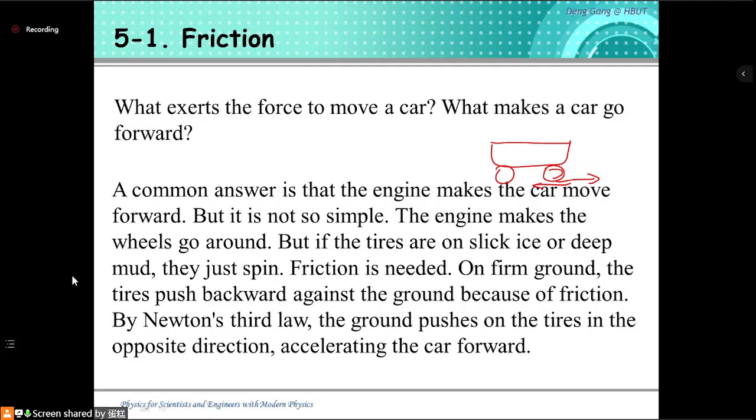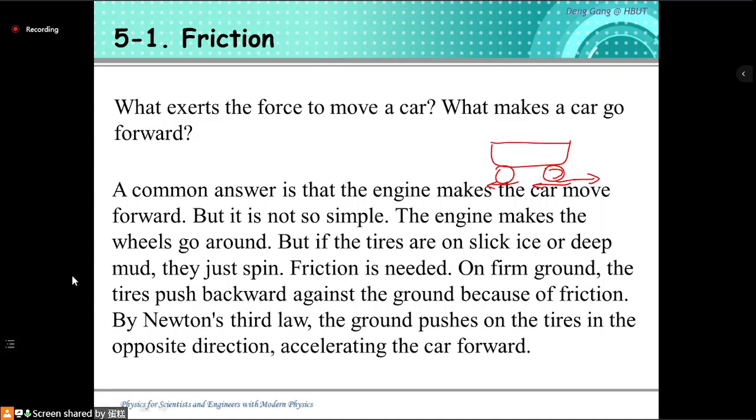But remember, there's something interesting for the car. Say the engine drives only two wheels, maybe your engine only rotates these two wheels. The friction on this wheel will push the car forward, but the friction on this wheel actually is in this direction.